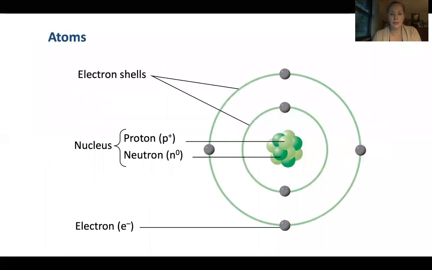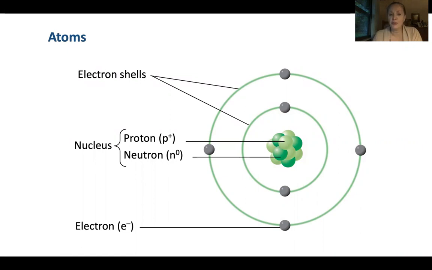Okay, here's another representation of an atom. You can see the representation of different levels of orbitals in this model of the atom. Here we have the protons represented by the light green in the center core, which are the positively charged particles, and the neutrons, which are uncharged particles in the nucleus of the atom.